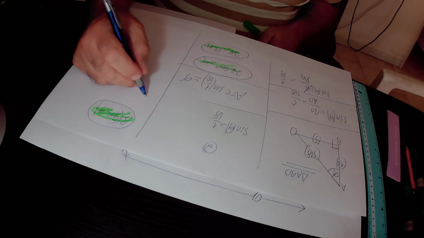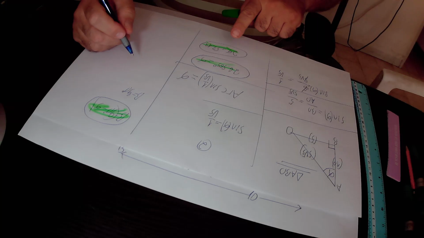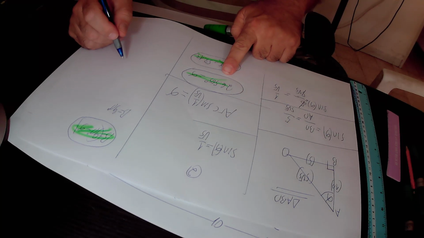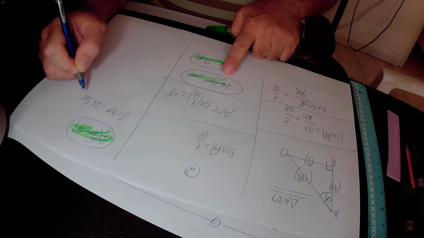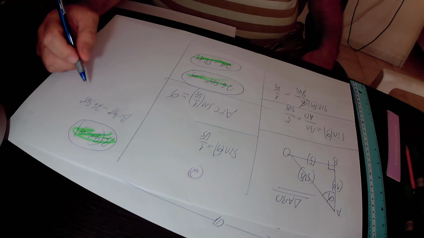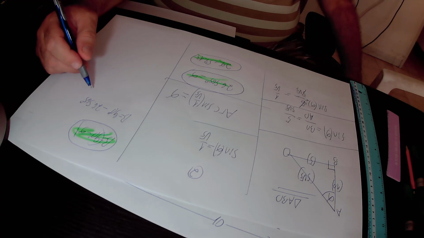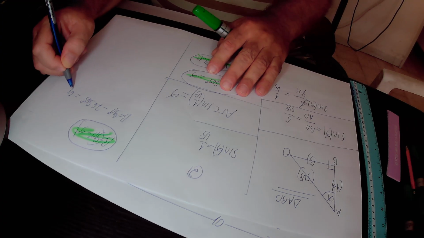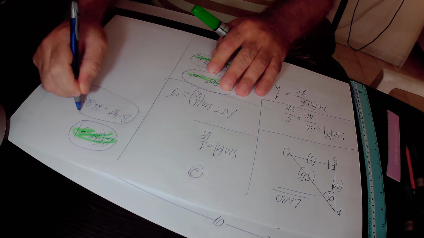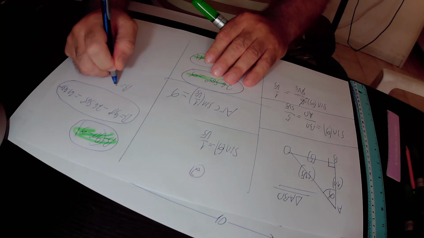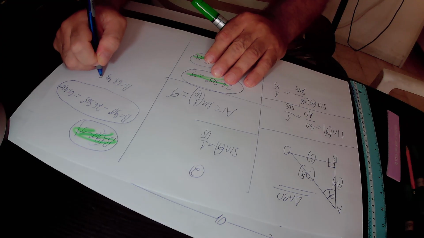So beta equals 90 degrees minus alpha, and alpha equals 26.565 degrees in its size. So beta equals 90 degrees minus 26.565 degrees. This is equal to 63.435 degrees. So we found out that angle beta equals 63.435 degrees in its size.